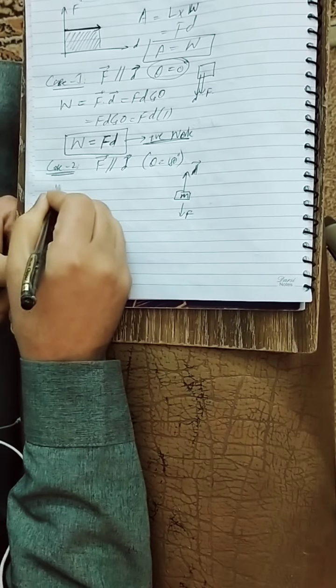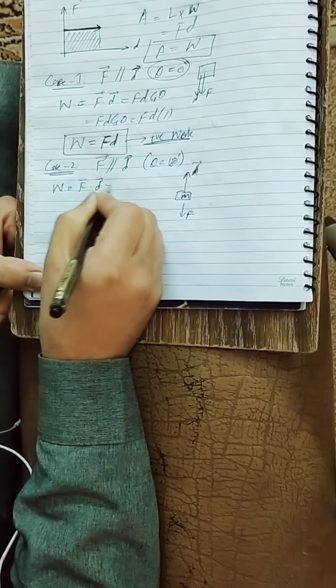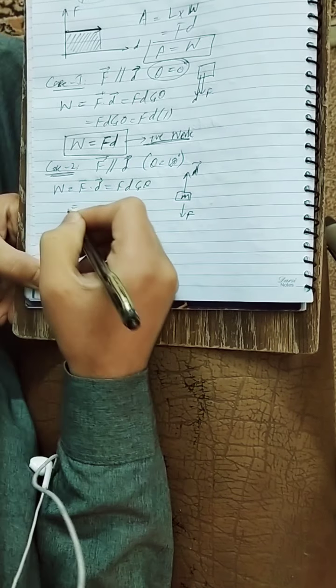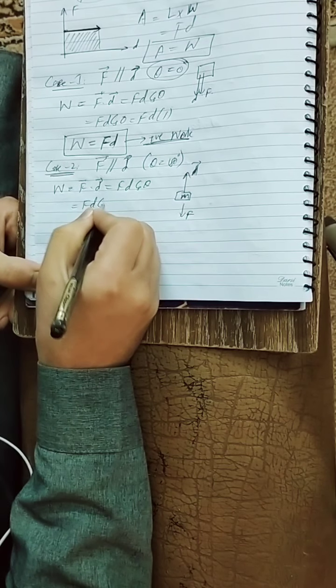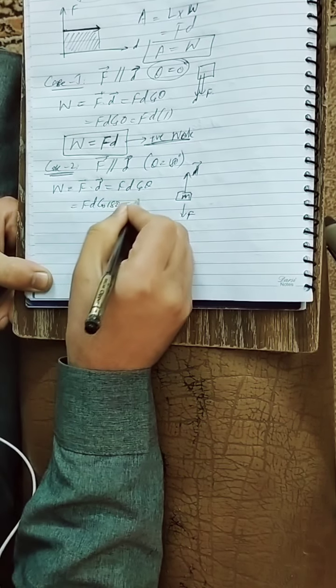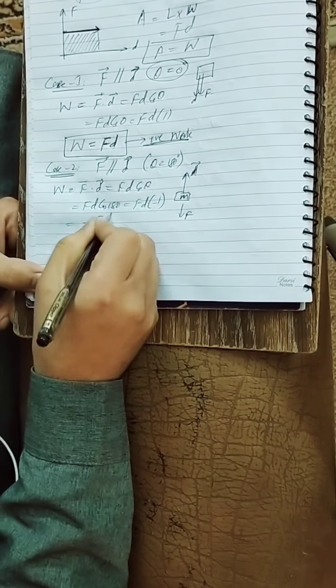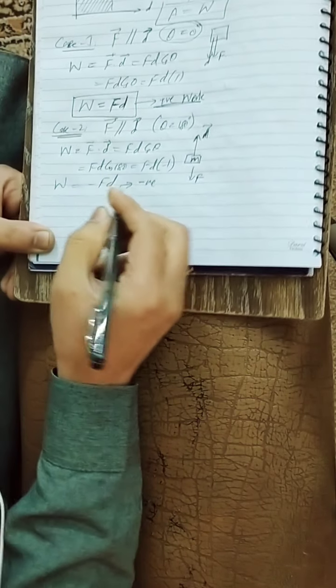Look at here, the work done is equal to F dot D. If you remove the dot, you will place cos theta. Theta is 180 degree, and cos 180 is minus 1. So the work done will be negative work done. This work is actually the negative work.